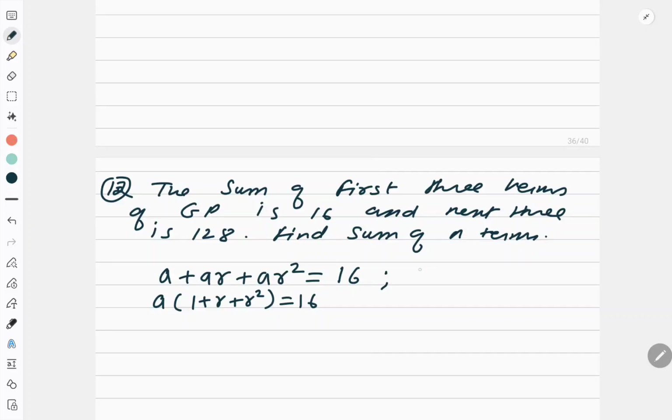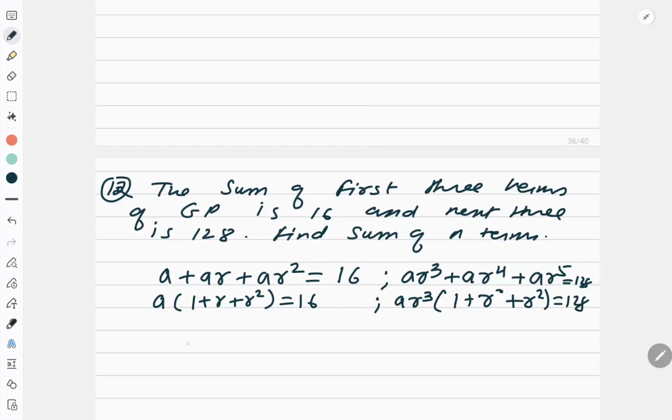The sum of the next 3, meaning AR cube plus AR to the power 4 plus AR to the power 5, is 128. So if I take AR cube common, what is left? 1 plus R plus R square, and this is 128.